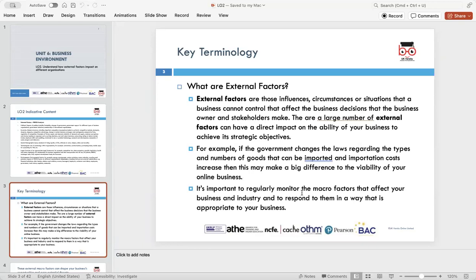Monitoring the macro factors that have an impact on your company and the industry on a regular basis, and responding to those elements in a manner that is suitable for your company, is a crucial step to take.